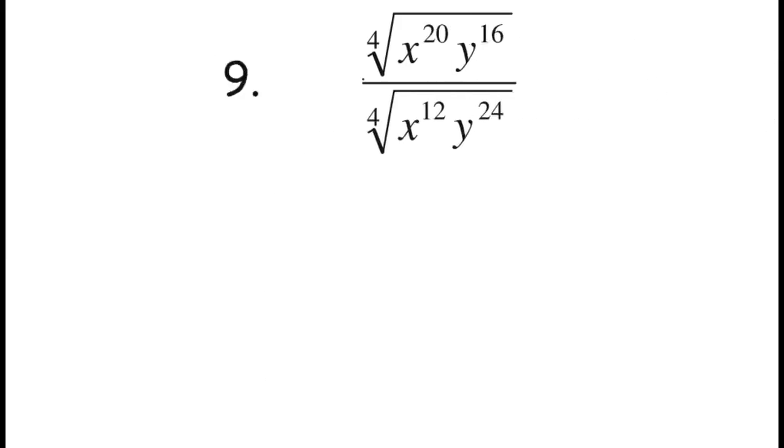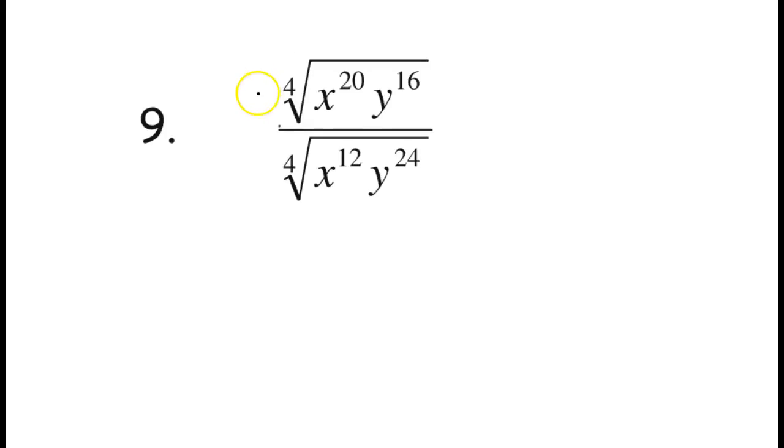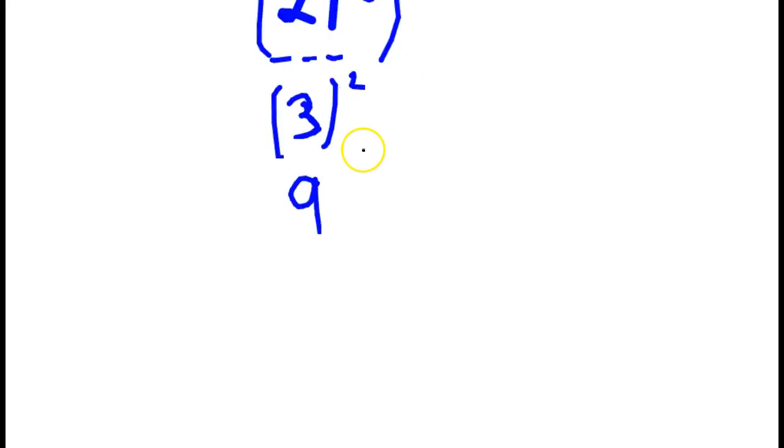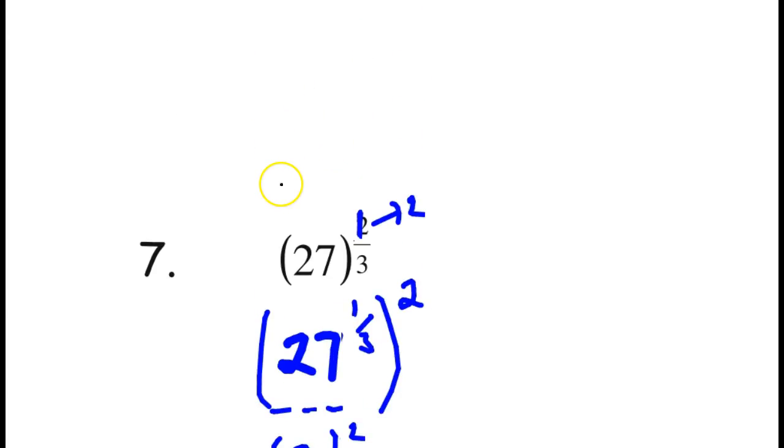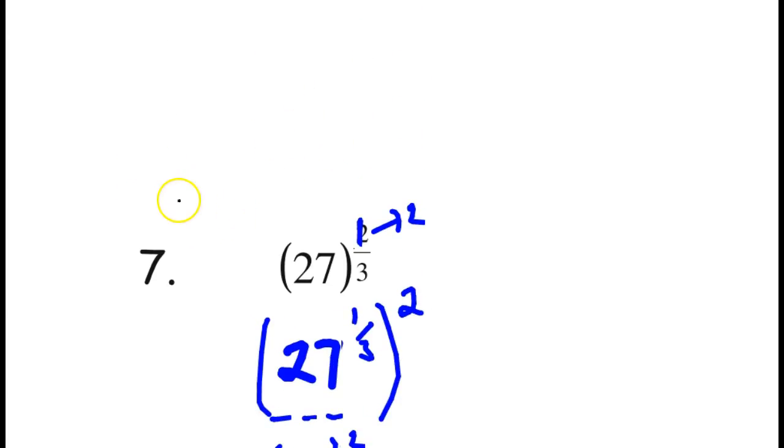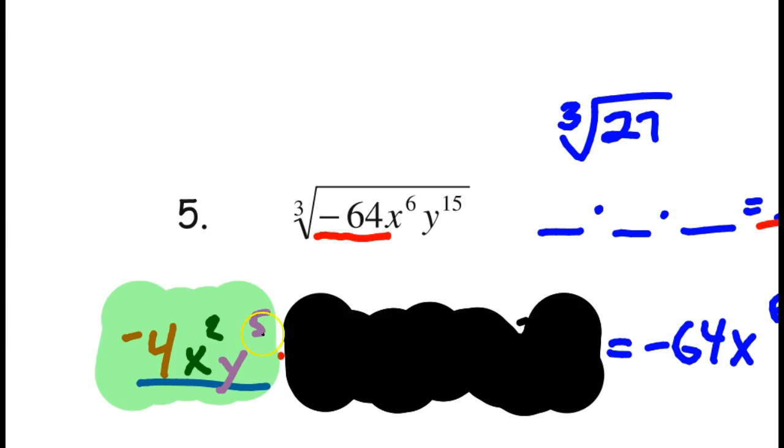All right, number 9. Again, one of those problems that looks more intimidating than it really is. Now, you might have noticed on that last problem, if we go back up here to number 5, that there's a pattern here. We didn't really look at it, but if you take 6 and divide it by 3, you get the 2 that we eventually got.